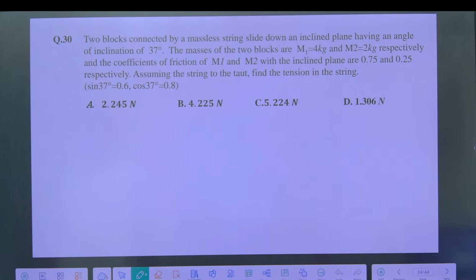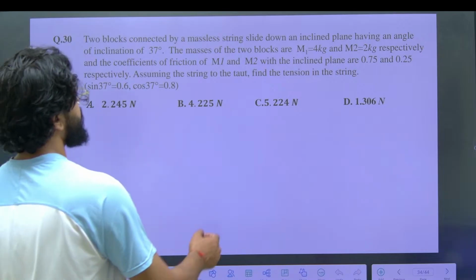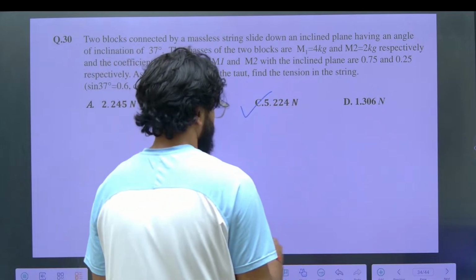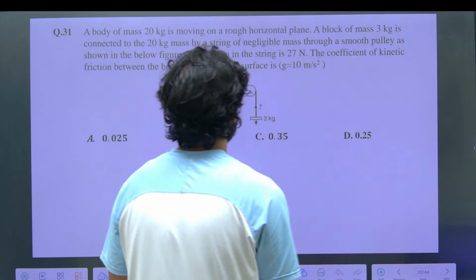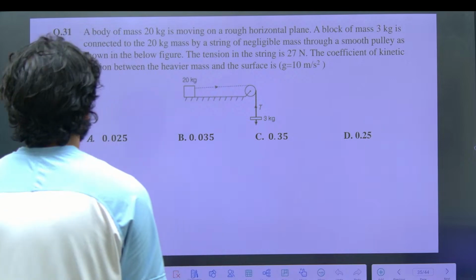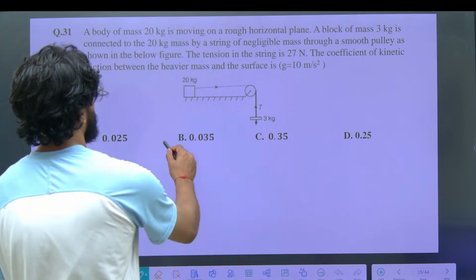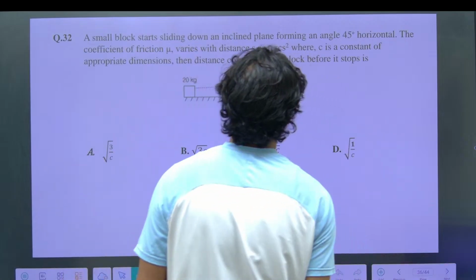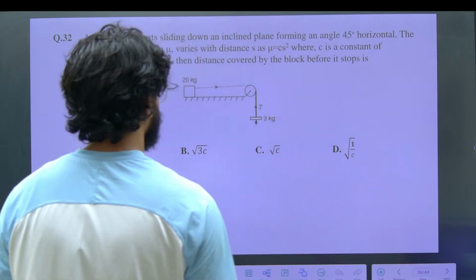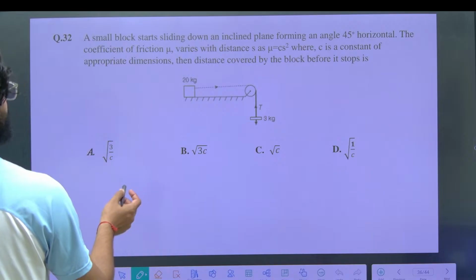So very easy kind of question this is. Okay, so its answer is this. You can attempt it. You can also attempt it. One of the easiest portions. Answer for this.